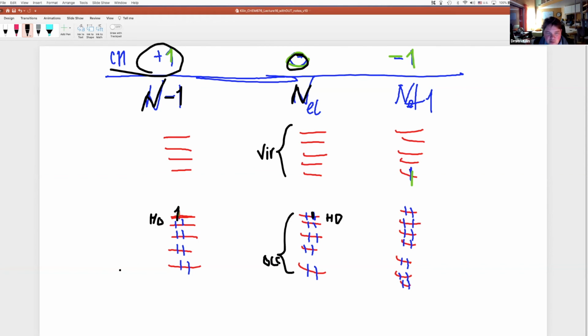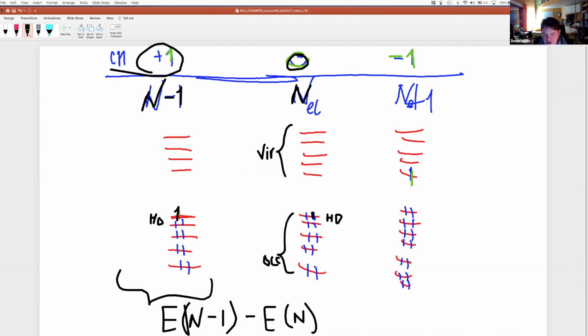If we compute the total energy of the system with one electron fewer and subtract the total energy of the system with the original number of electrons, this will be the exact ionization energy, right?